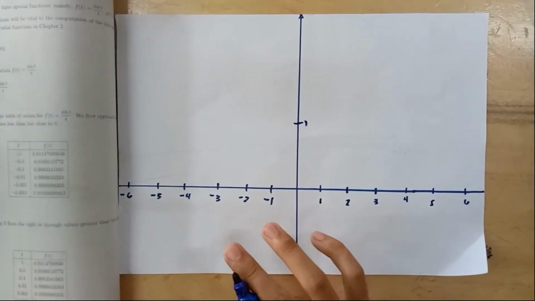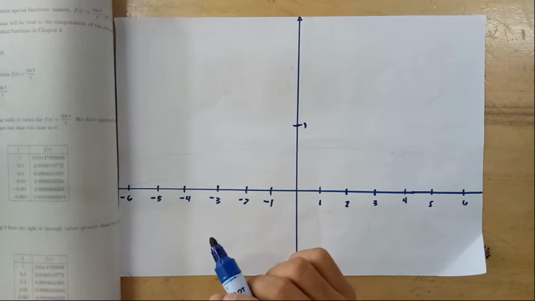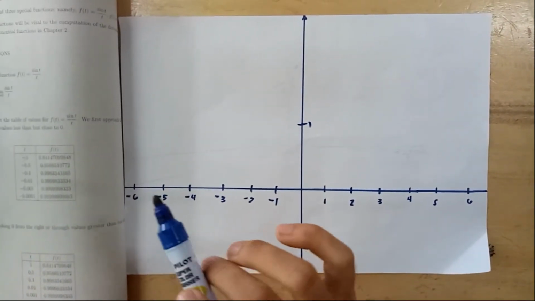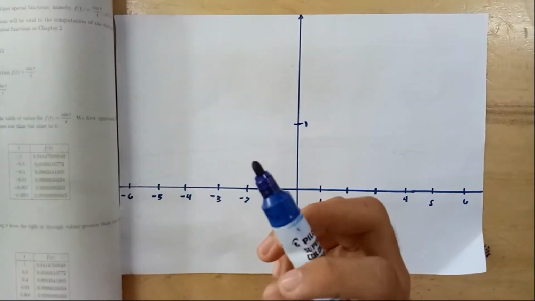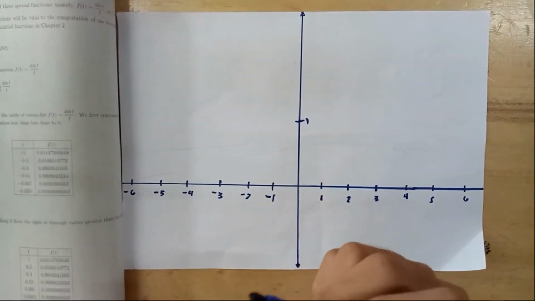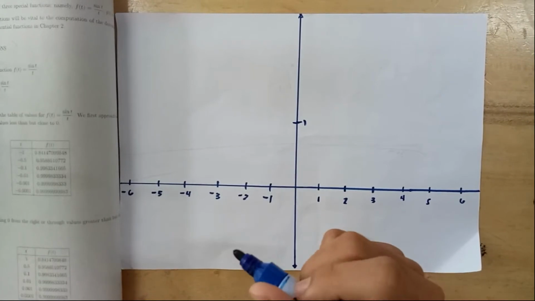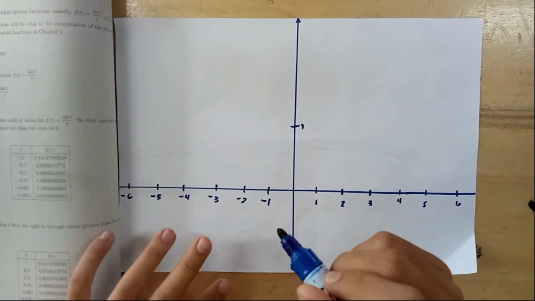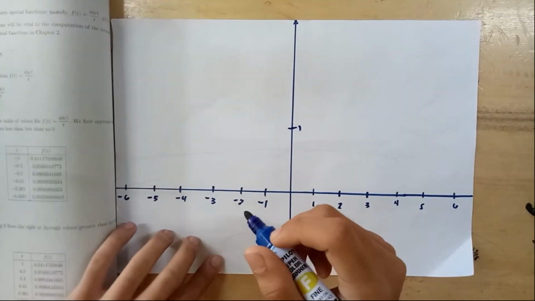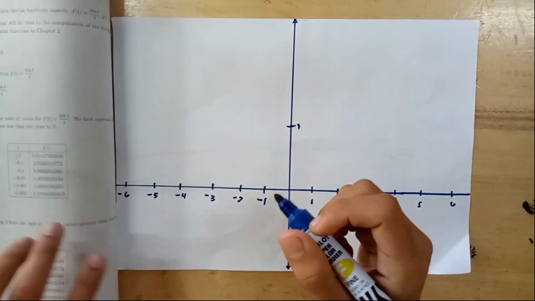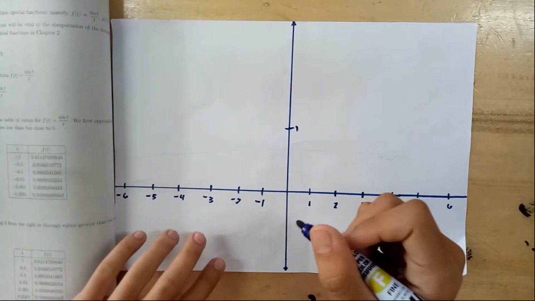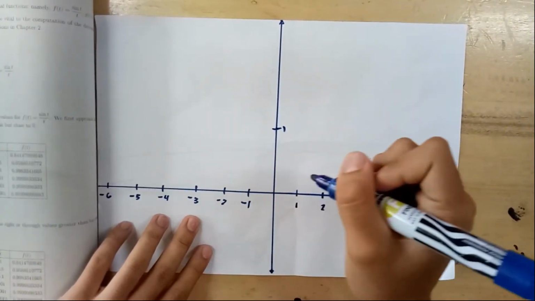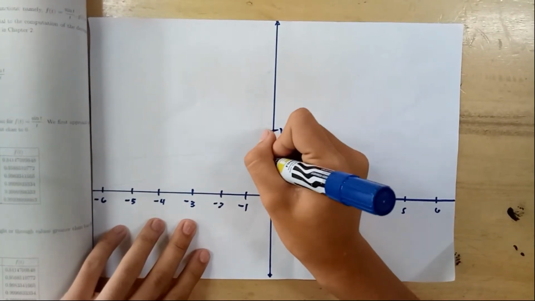Now we are trying to graph the limit of sine t over t as t approaches 0. As we can see, when the value of t is negative 1, f of t becomes 0.84. So we can assume that 0.84 is above here.